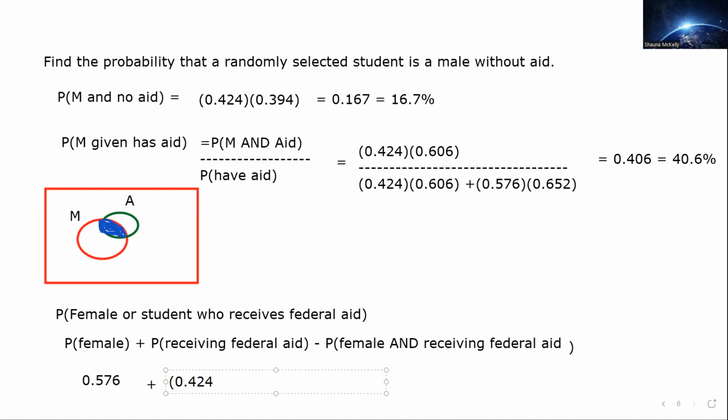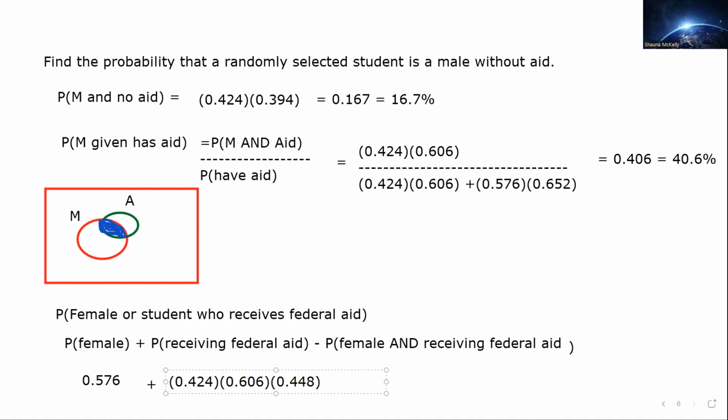And then I have 0.606 and 0.448, because this is male, receives aid, receives federal, okay?